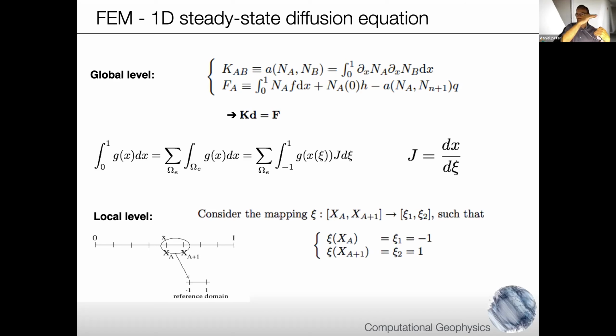Then we integrate over the physical elements, the finite elements in the physical space. So there the integral boundaries are determined where the element actually lies. But in the last integral, we don't have that anymore. So where did that information go?